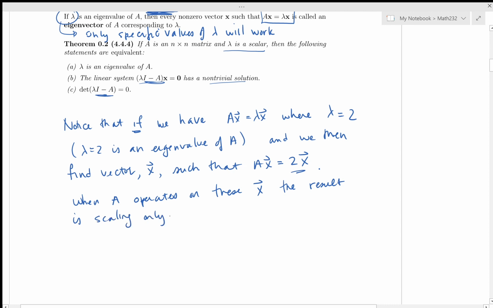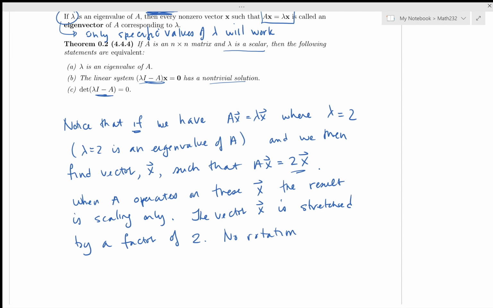The vector x is stretched by a factor of 2, the value of the eigenvalue. Okay, there's no rotation. When A operates on an arbitrary vector, we can have scaling or rotation.